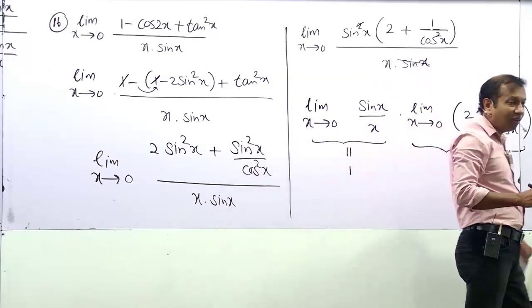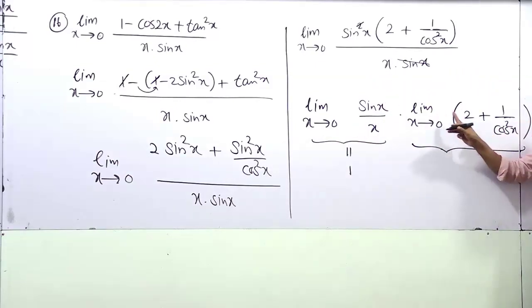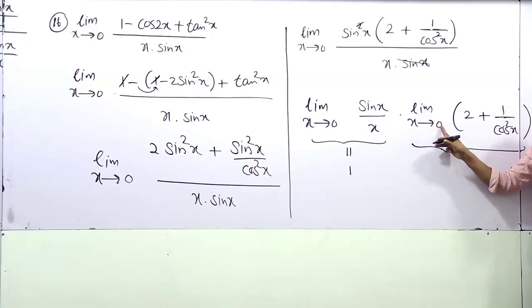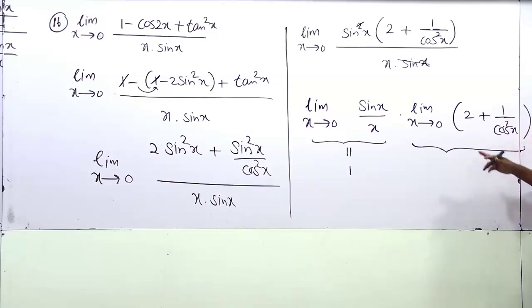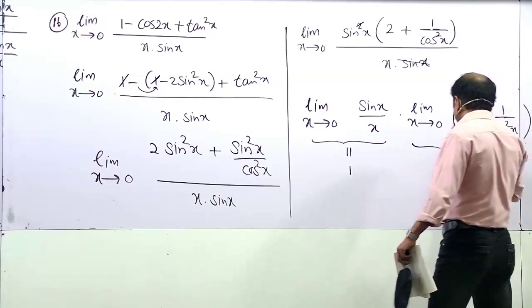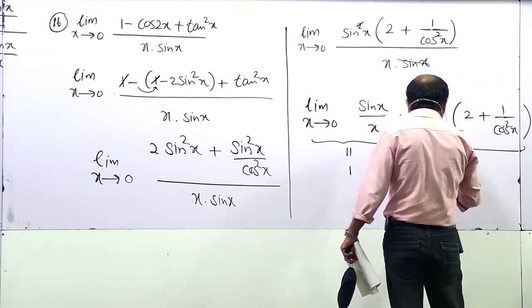Tell me this. Right? What happened to this 2 as x goes to 0? 2 doesn't change. No? 2 doesn't change. Understand? 2 will be the same in the bracket.